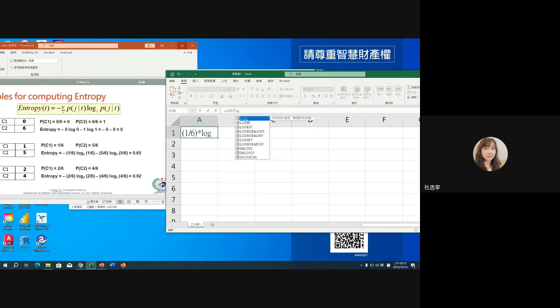So remember, when we use log, it is a function. So first will be the number, second will be the base. The number will be 1 divided by 6, and the base will be 2. So for entropy here, the base is always 2, always 2 here. So this is the first value that we can see.